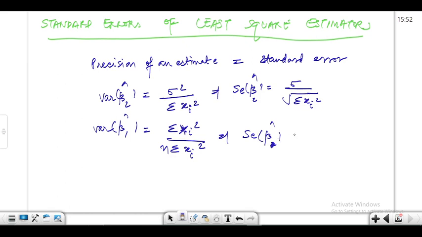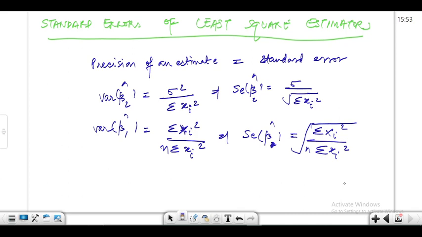The notations are very confusing at times, so be very precise and attentive when you write them. The entire thing is under a square root. So these are the formulas.